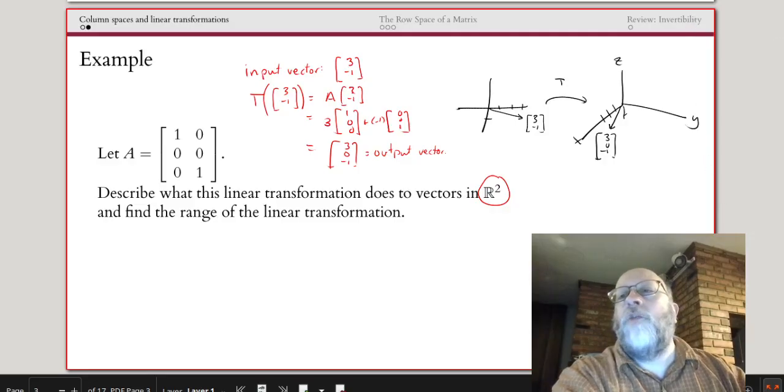And you can imagine what would happen to some other vectors if I change the input around. I'm just changing the weights.